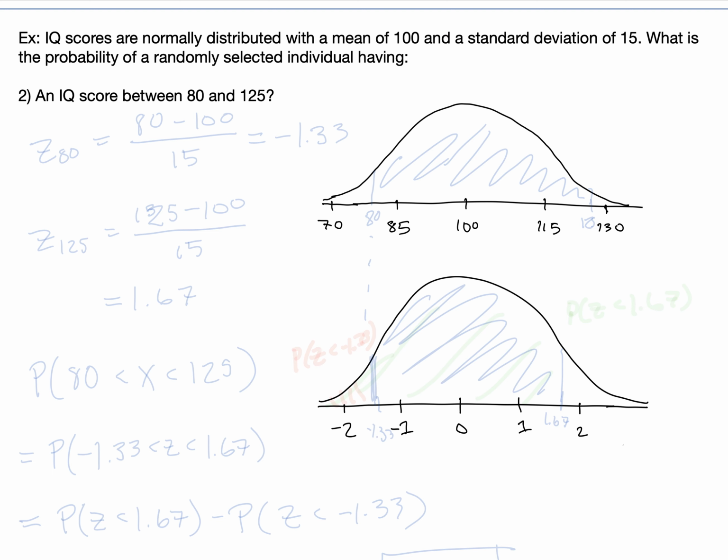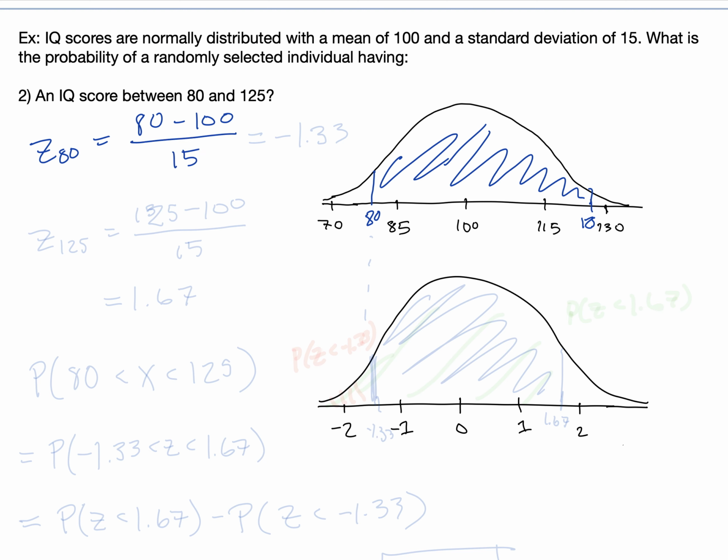All right, what's the probability of an IQ score between 80 and 125? So here is 80, here is 125, and we're looking for the probability of having an IQ score in that region. So the first thing we want to do is first find our z-scores. So our z-score for 80 is the data value 80 minus the mean of 100 divided by the standard deviation of 15.